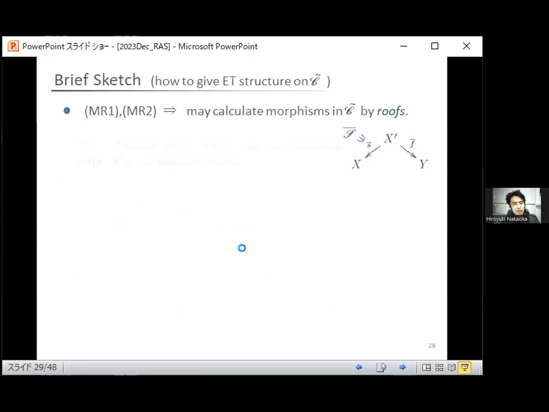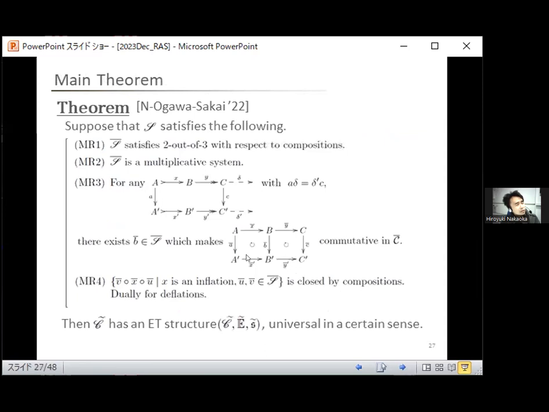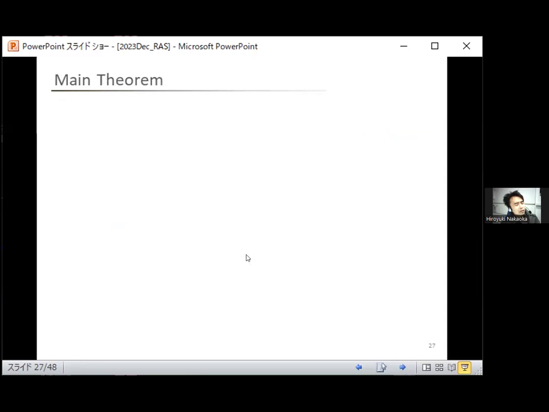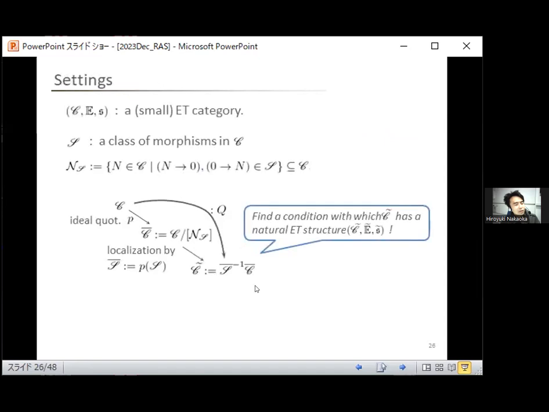Let me see. Yeah, so C is an exact category in that case.